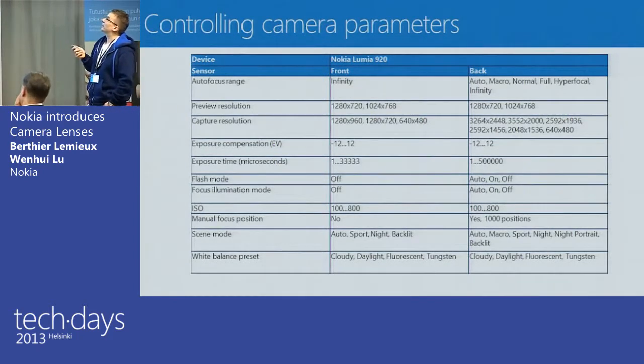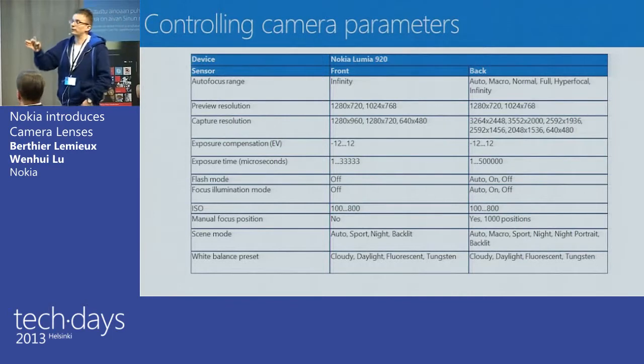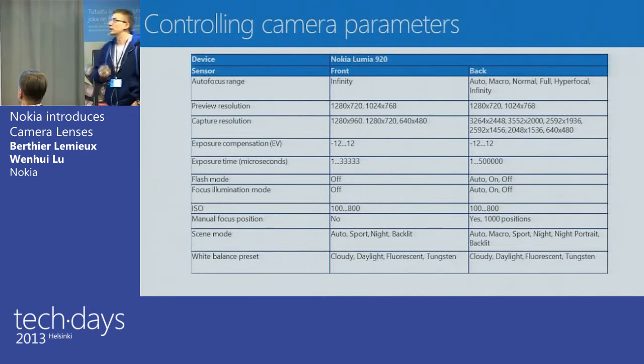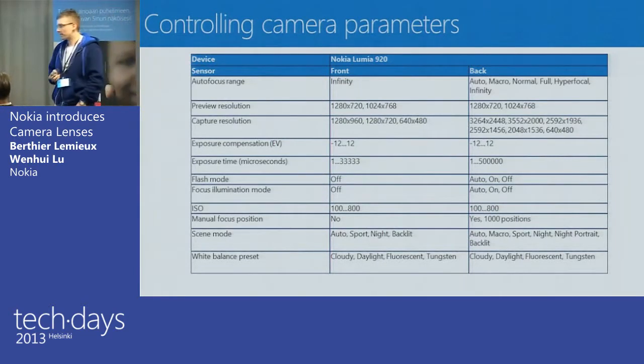But with great power comes great responsibility. As you see in the 920, between the front and the back camera, there's already a lot of differences. The front camera, this video telephony camera, doesn't have too much functionality. It doesn't have a flash. It doesn't have focus.